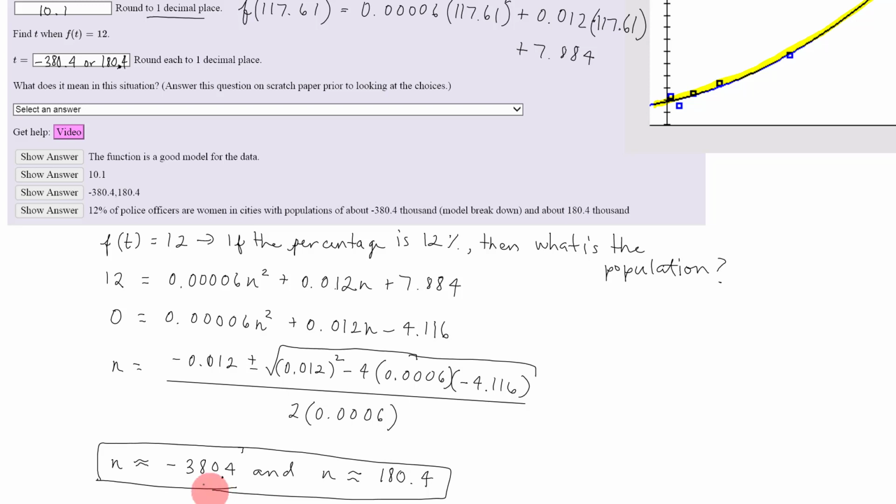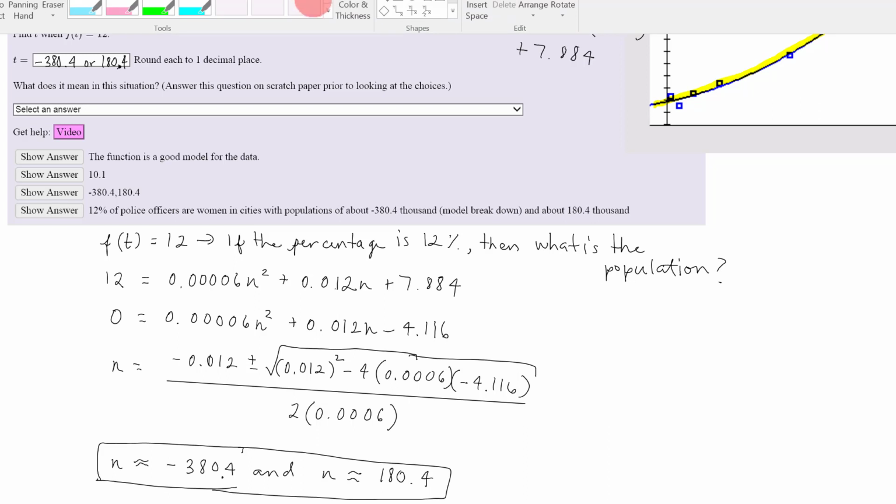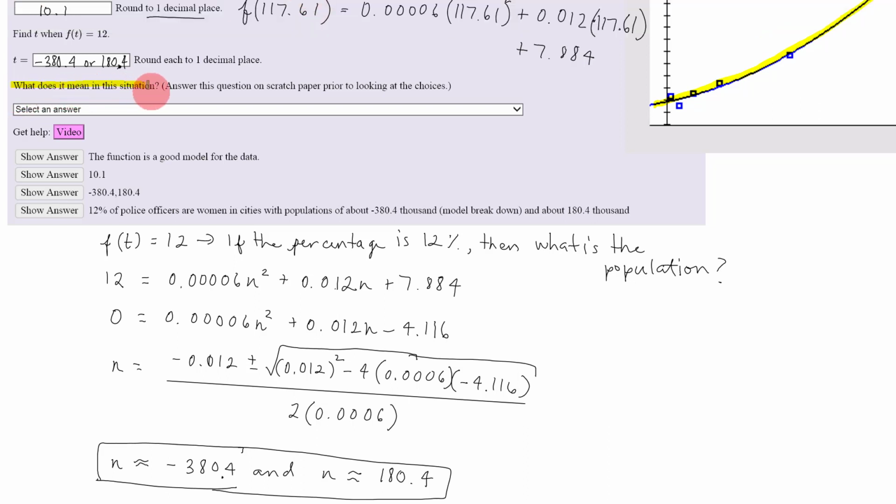So then the next question is, what does it mean in this situation? Well, down here when it has the answers, it says 12% of police officers in cities with populations of about negative 380,400 or 180,400.